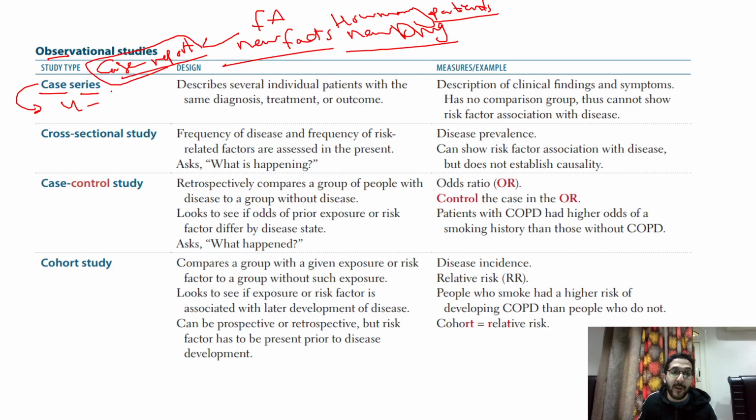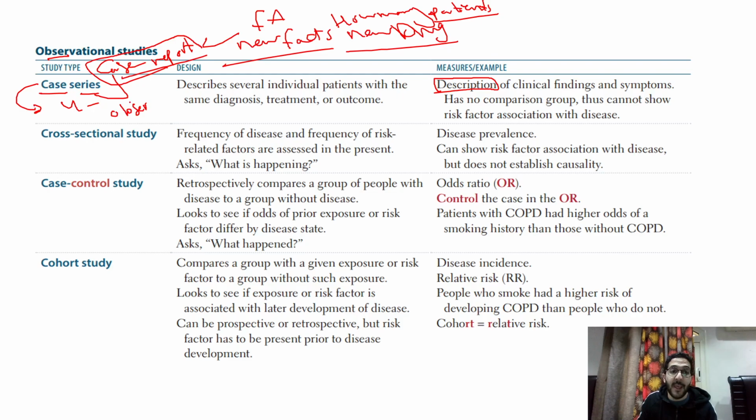These are the ones where you're just observing and describing. They're also called descriptive. You will describe as much as you can, but you will not intervene. Of course, it's not interventional. You will just observe and describe, nothing more, because you will not make relations. You're not comparing.